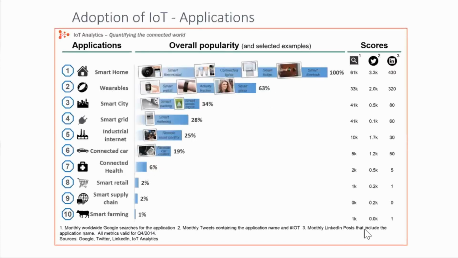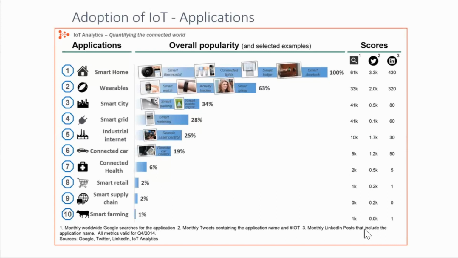So looking across some of the applications for IoT and in terms of adoption, I really like this slide because it shows smart home, which is what we think about, consumer-level stuff and wearables, but we really don't think about smart city, right? Unless you're actually working in that field.